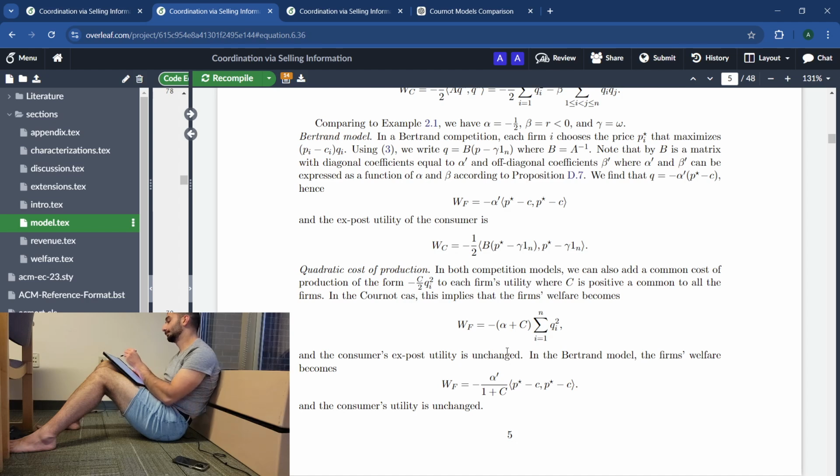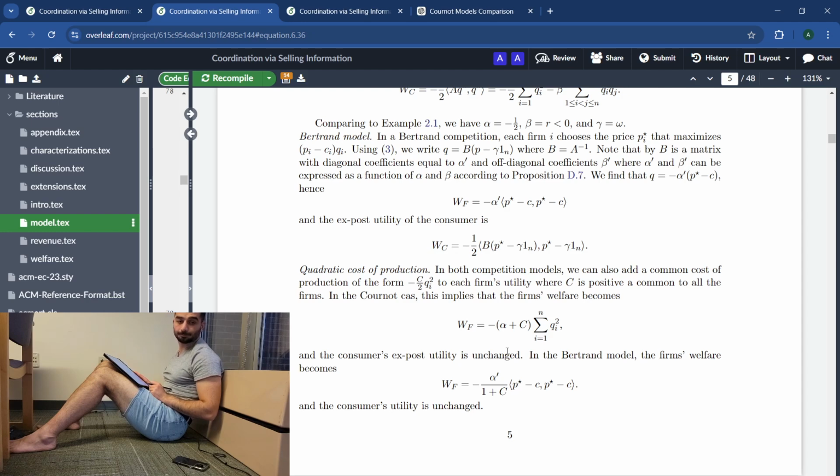I'm lost here. Q is B, P minus gamma 1N. Perfect.